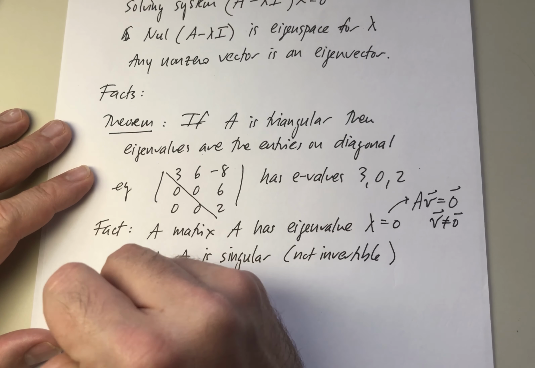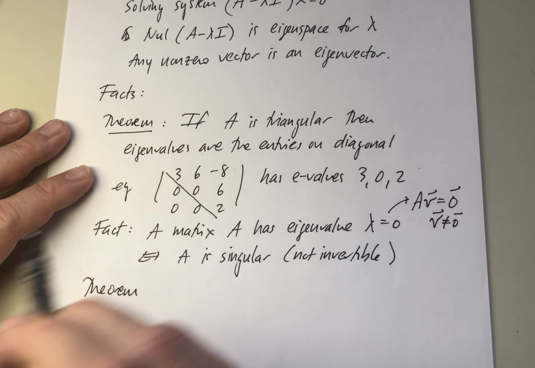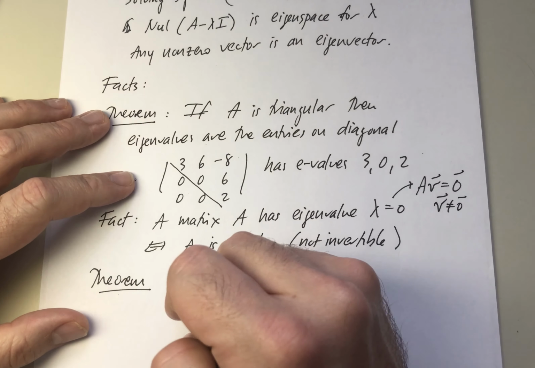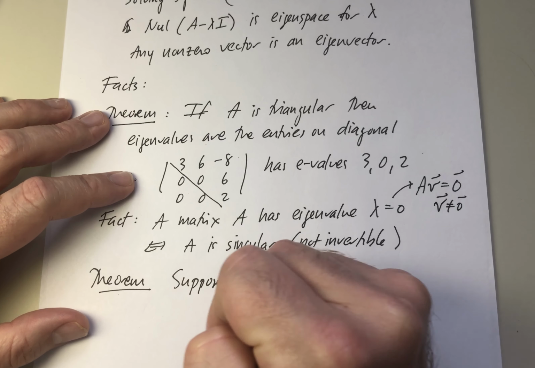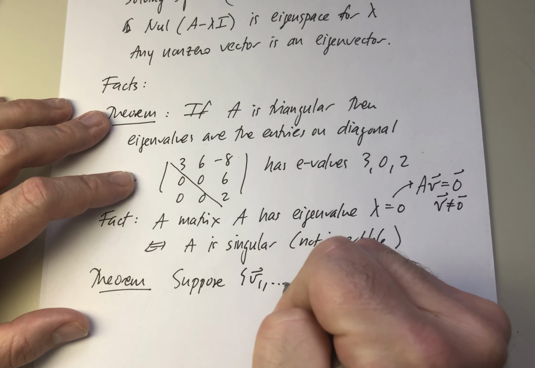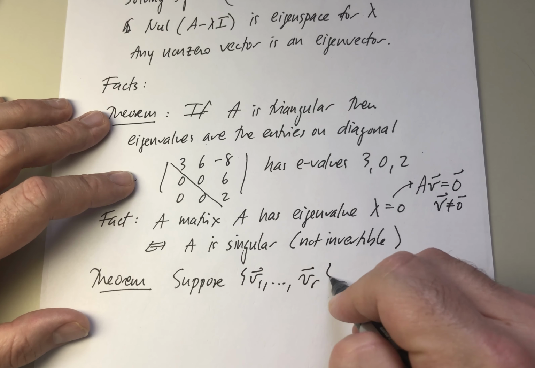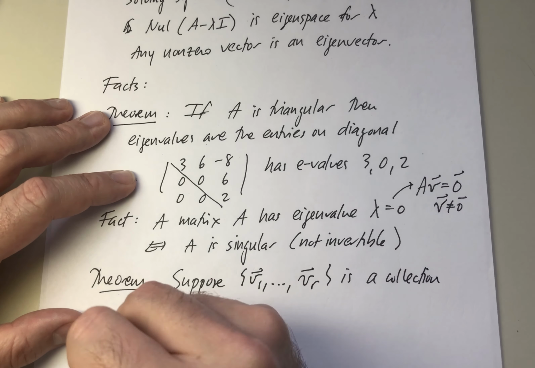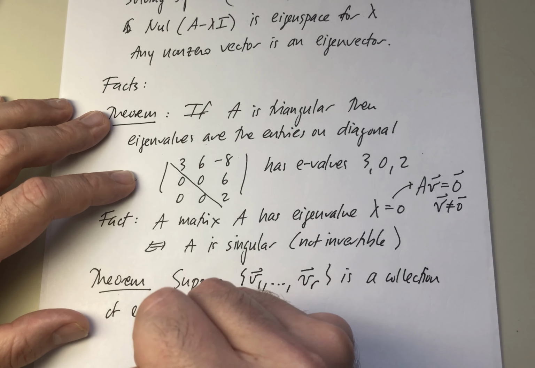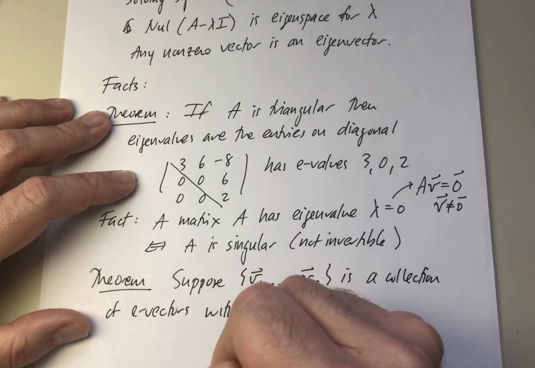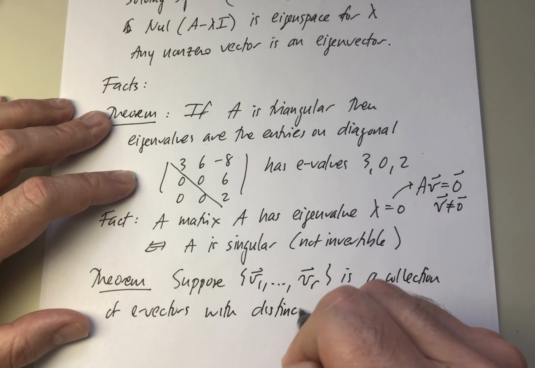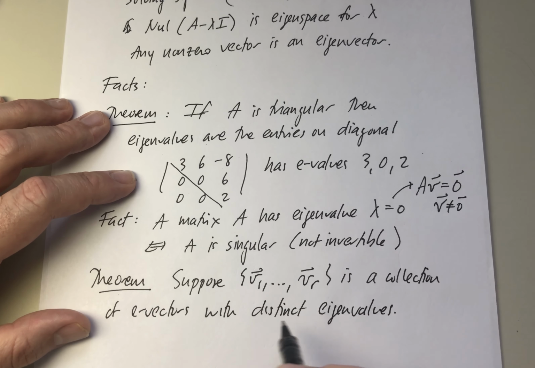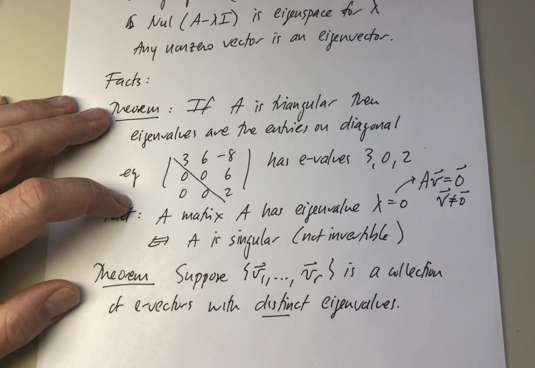Okay, and the last theorem that I want to write down, we'll prove maybe next time. Suppose we have a collection of eigenvectors, say v1 through vr, with distinct eigenvalues. So each one has a different eigenvalue.